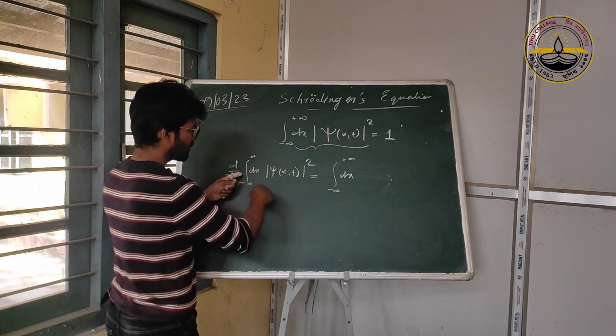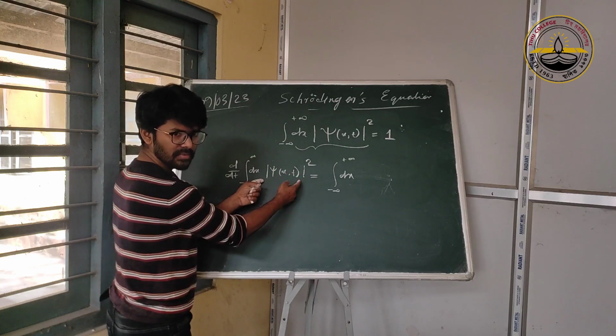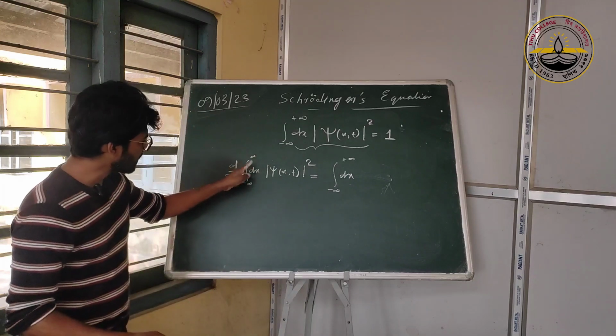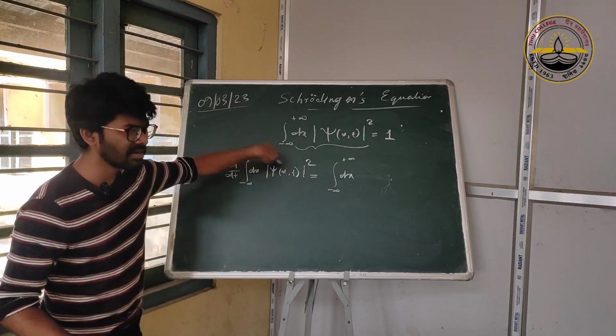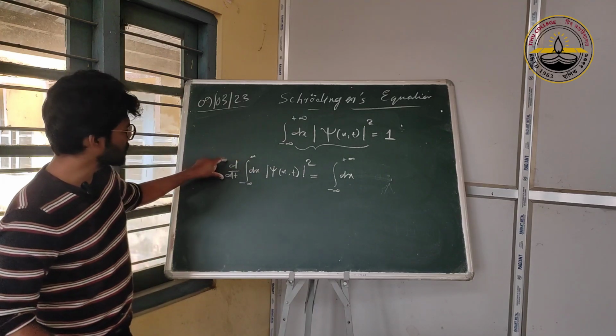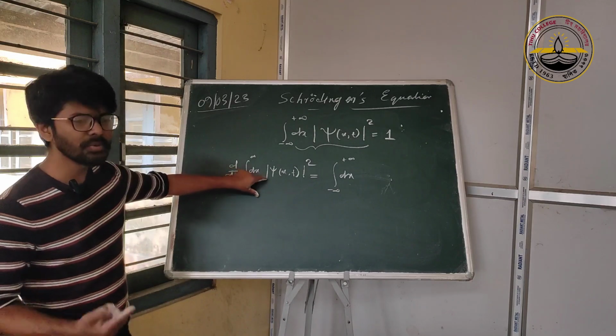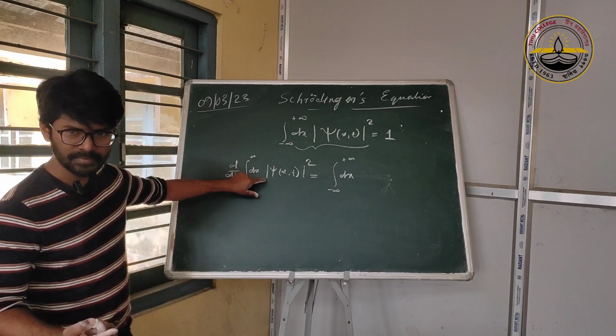This thing, look inside, it's a function of x and t, right? But outside, x has been integrated out, so it is just a function of t. So a normal derivative is okay, because there is only one function of time.